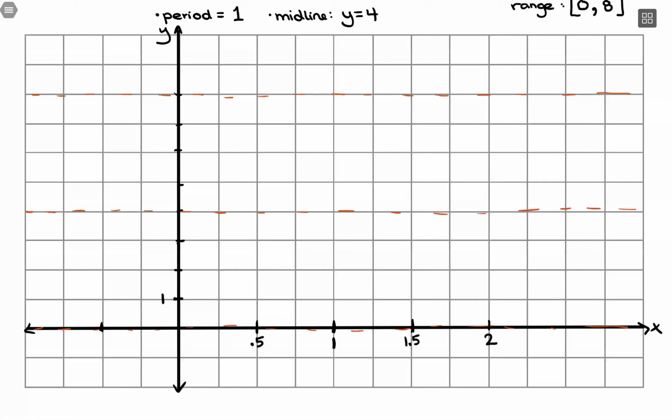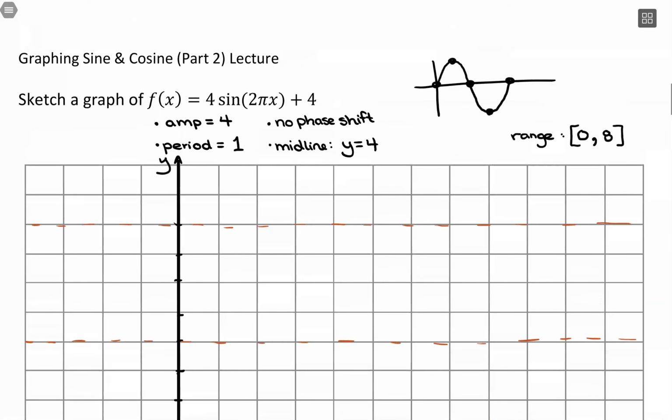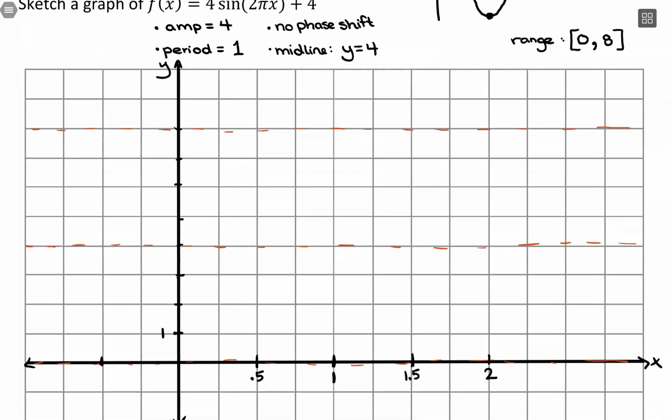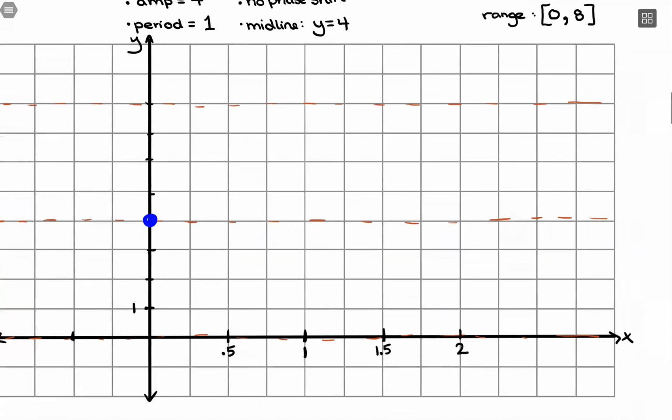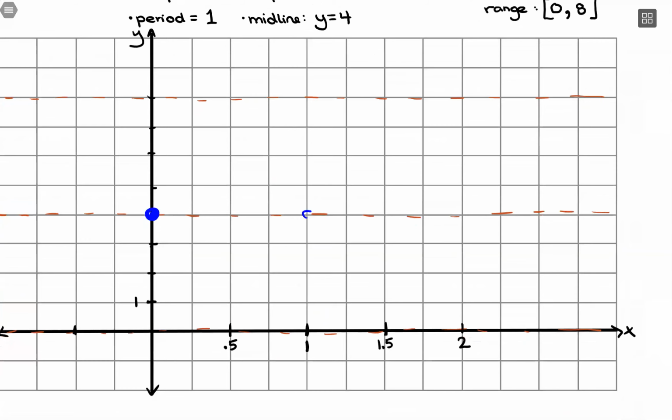Okay. So, with that, I have my midline, my minimum and maximum values. Since there's no phase shift, my starting point should be on the midline. What I'm going to do is graph my point right there. And then we should be returning to the midline, at least starting over the period at a value of 1. You're going to see that value come through there again.